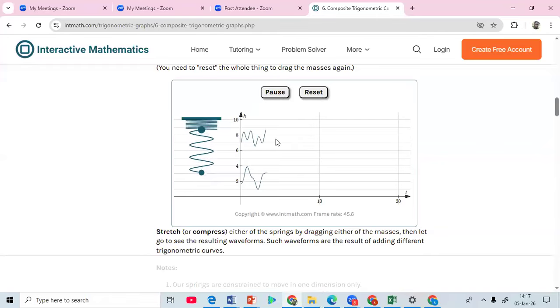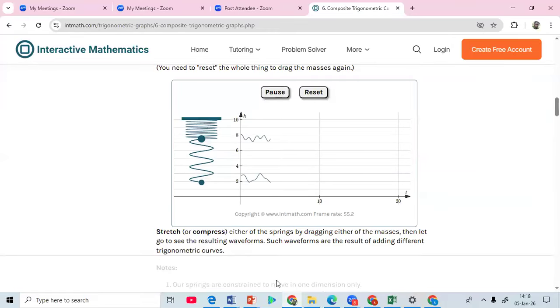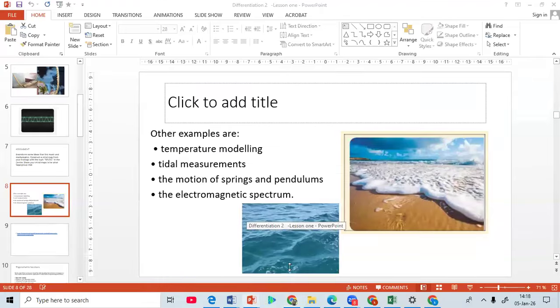The graphs you are seeing being formed on the screen are trigonometric functions. That's why we are saying that one of the applications you're going to find is in springs, because these graphs being formed are trigonometric graphs that we can use to model something. So this is one of the applications we are going to be looking at.